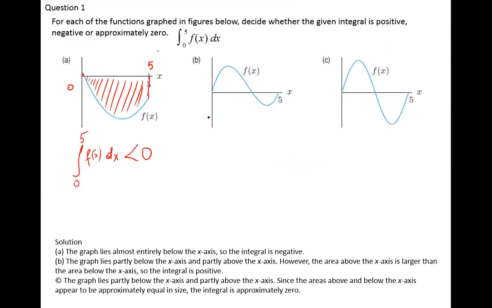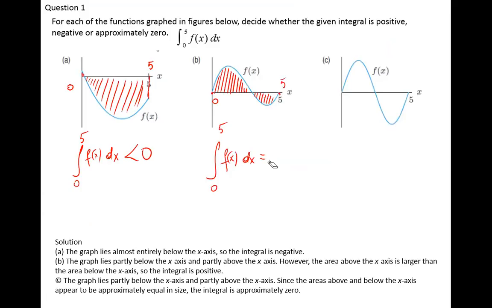What about this one? Between 0 and 5. This one and this part. From 0 to 5, the integration of f of x with respect to x. Do you think this one is positive or negative?